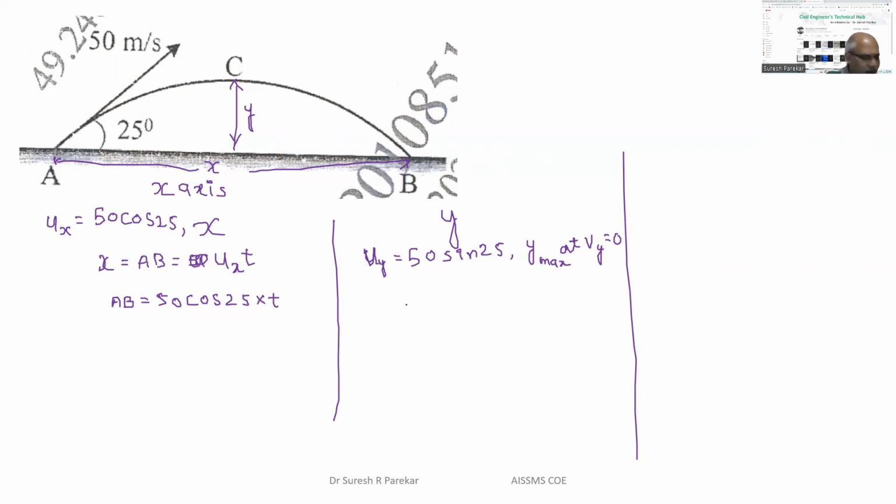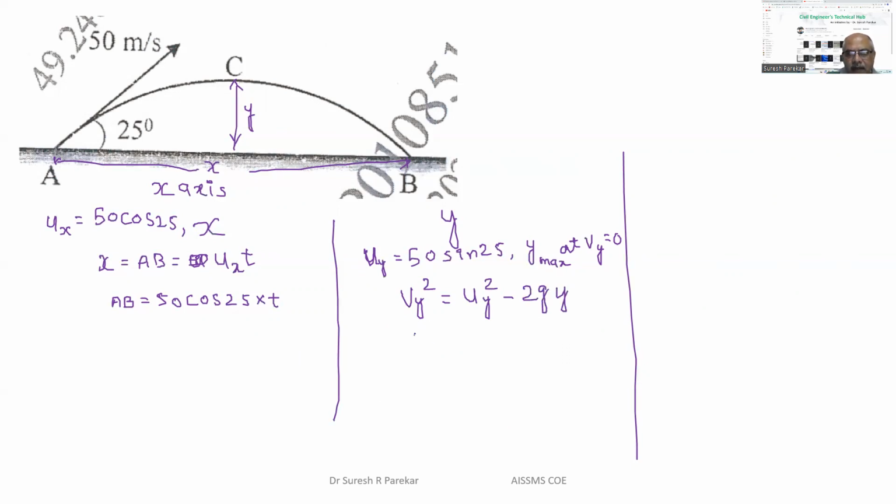So what is the formula? We have vy square equal to uy square minus 2 g y.